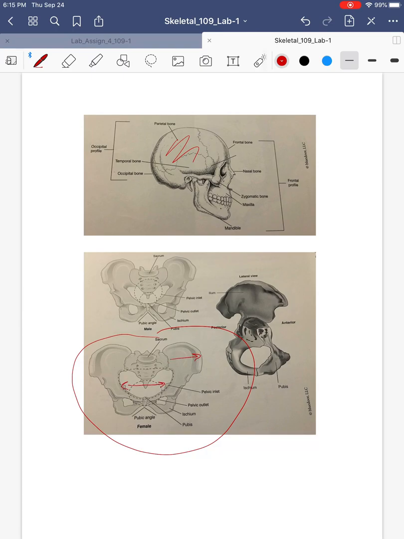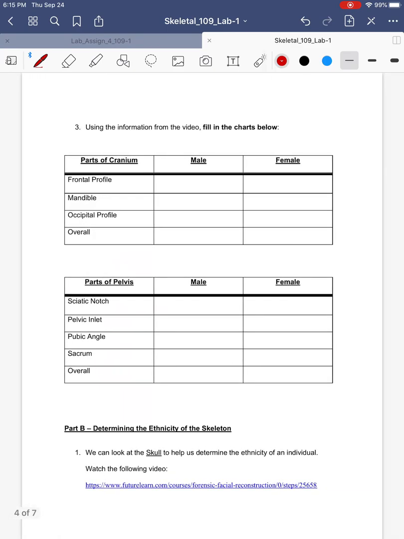It's also wider to the edges because the female's pelvis is designed for childbirth, whereas a male's is not as wide and is actually taller because it is designed for strength. There's many more, and you're going to fill in some of the characteristics.